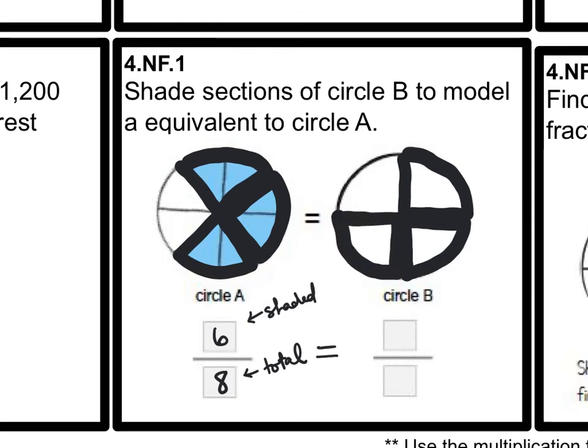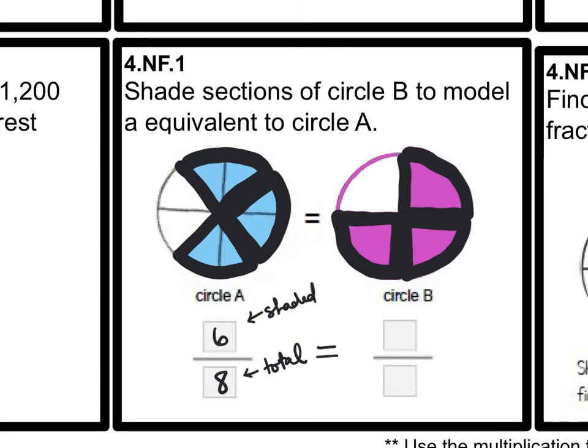So when I'm looking at it, I don't need the colors to be in the same spot, but I need the amount to be the same, which means that I would shade in 1, 2, 3 pieces. Let me go ahead and make that a different color. 1, 2, 3 pieces.